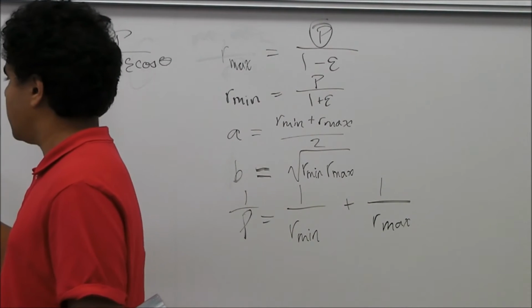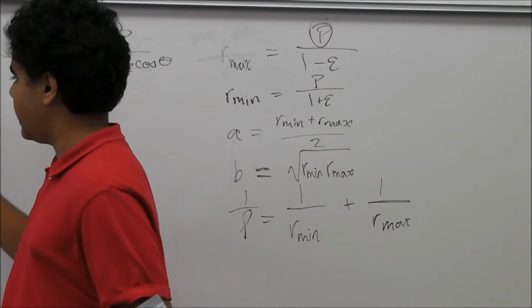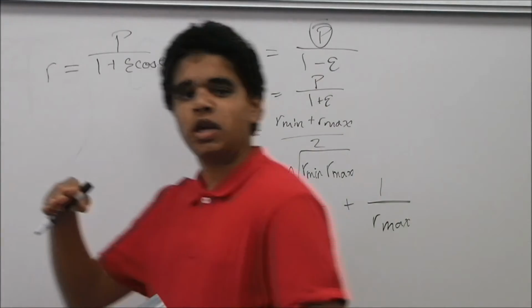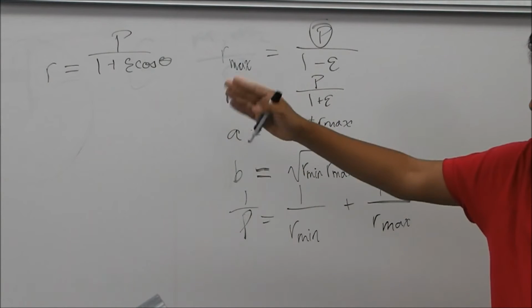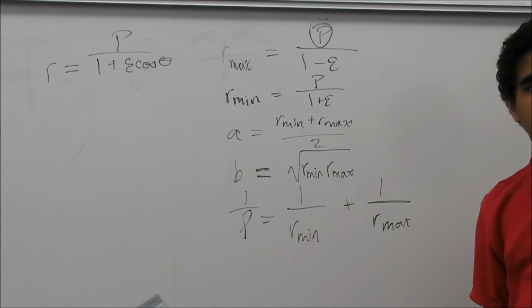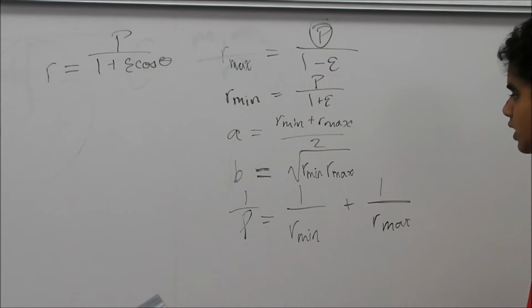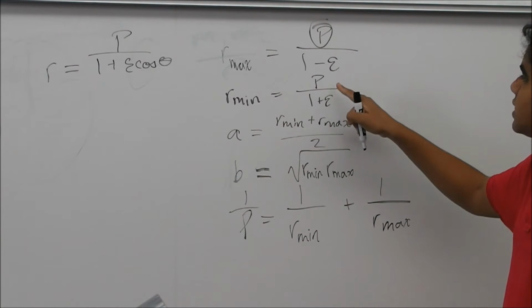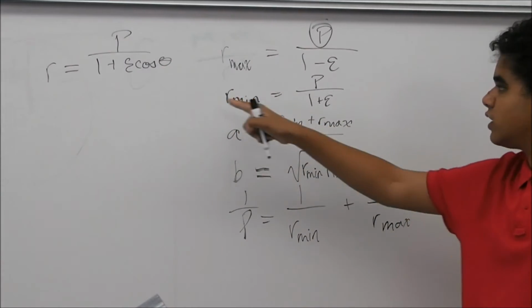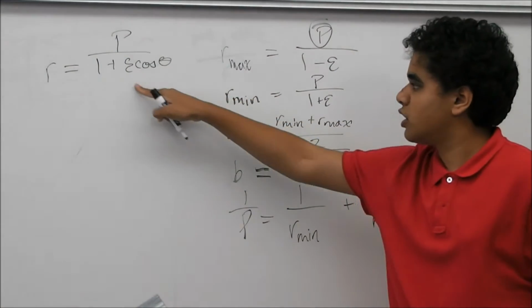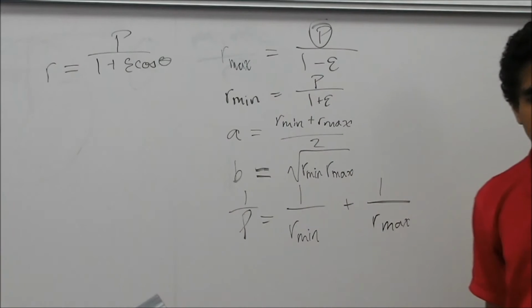It's the distance from the sun to the planet when it's perpendicular to the point at which it would be closest or furthest. And that's the point at which theta is 90 degrees or 270 degrees, because that makes this term 0, so it's just P.